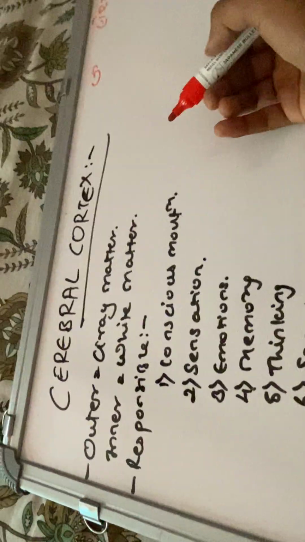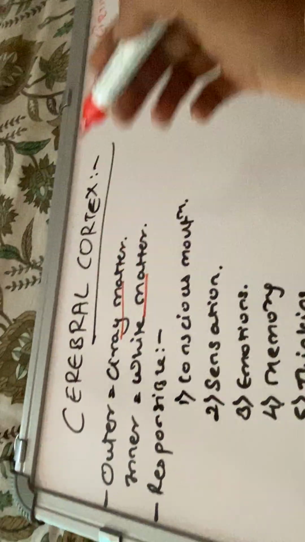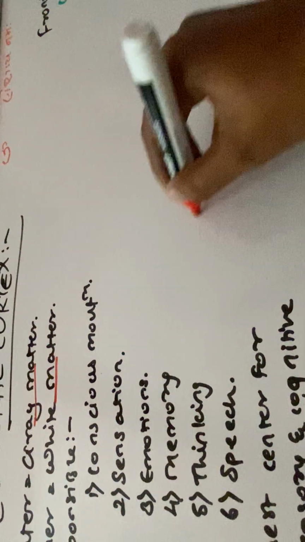Cerebral cortex is made up of gray matter and white matter. So assume this is our brain.